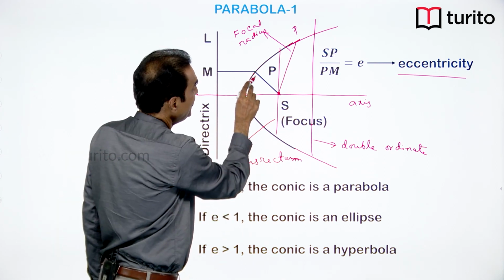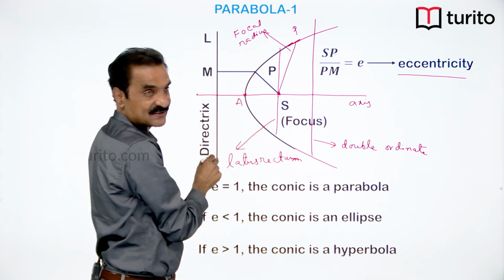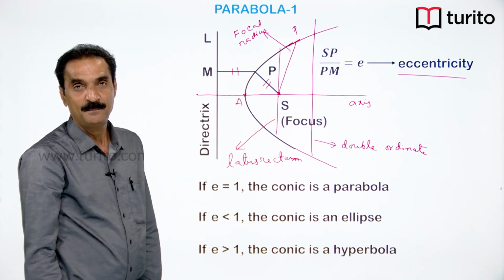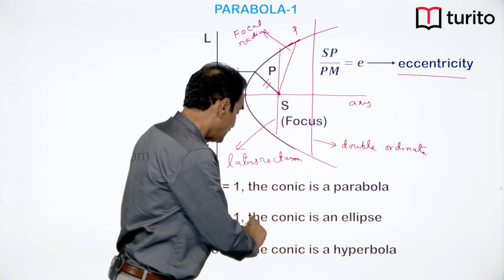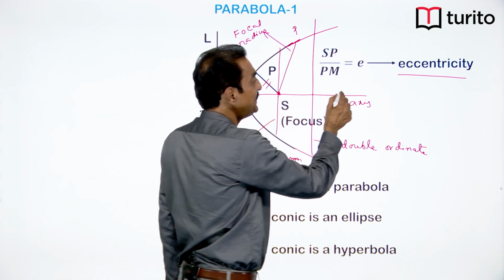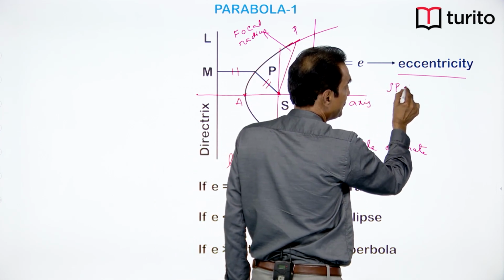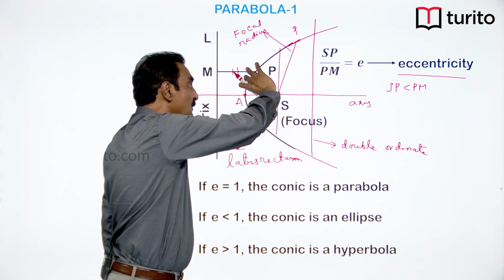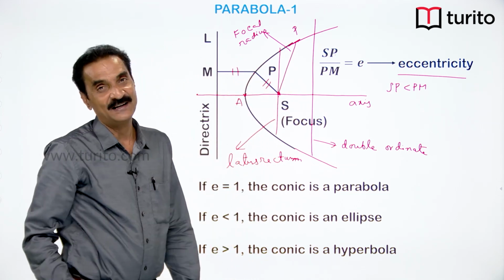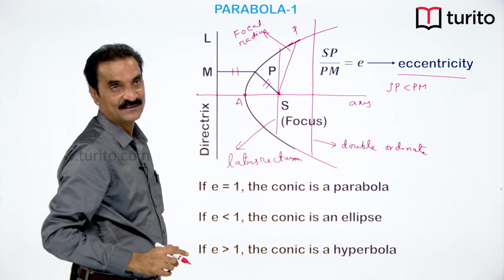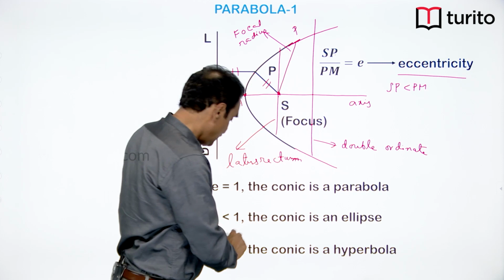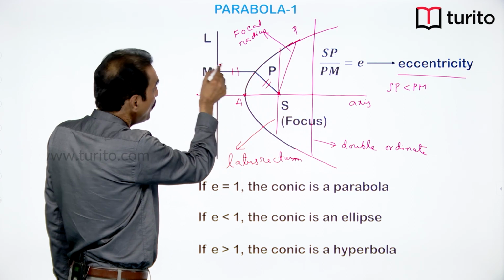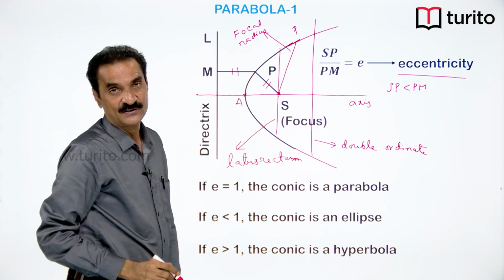That means P will be equidistant from focus and directrix. In ellipse, E is less than 1, so SP is less than PM. So, the point will move closer to the focus than the directrix. And if E is greater than 1, then SP will be greater than PM. So, P will be closer to the directrix than the focus.